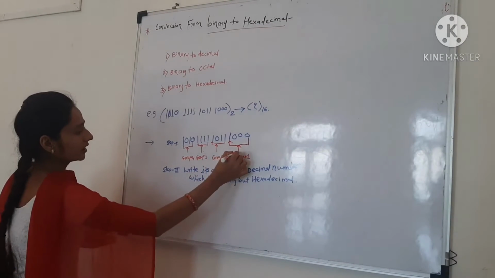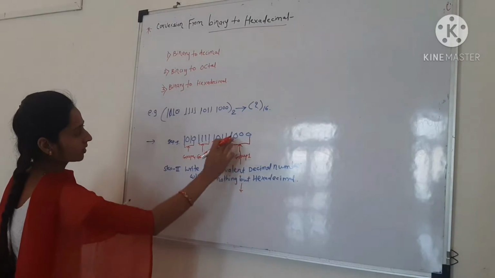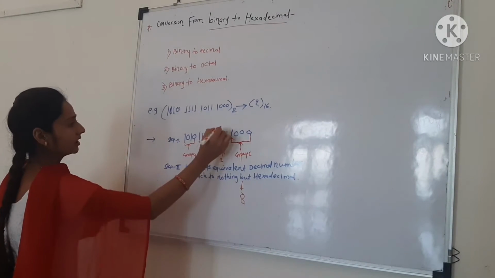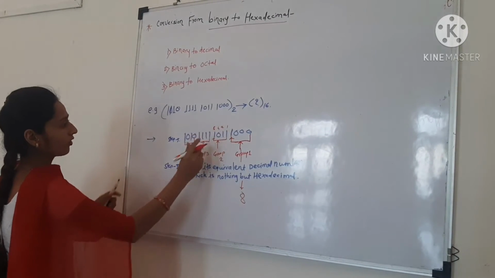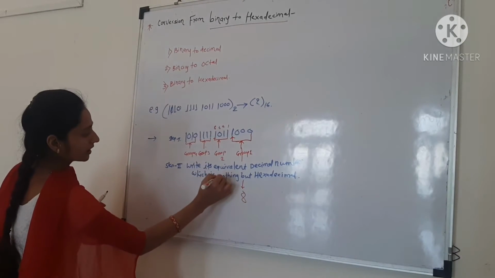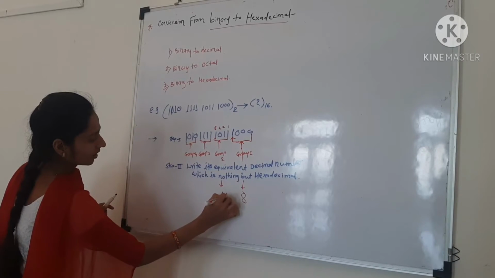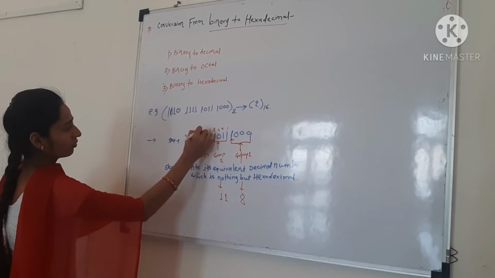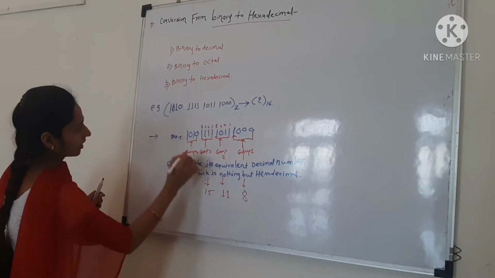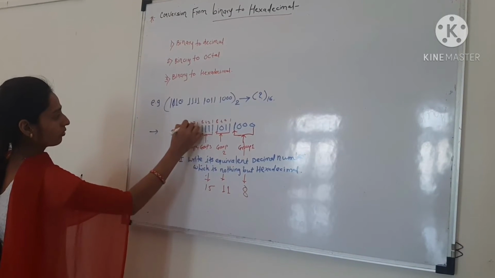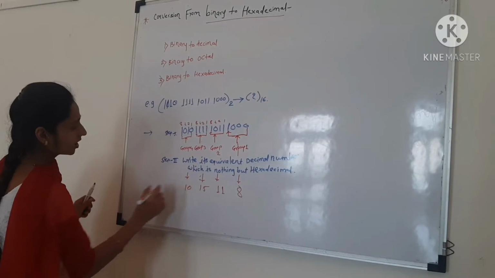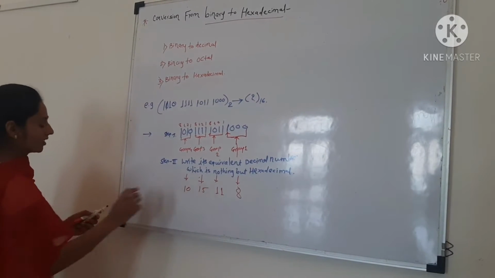So what is the equivalent decimal number of this group? That is 1 2 4 8, here 8. The next group: 8 plus 2 is 10, plus 1 is 11. The next: 1 2 4 8, the addition of this is 15. After that, 1 2 4 8, so 8 plus 2 is 10. So after grouping we get these values.